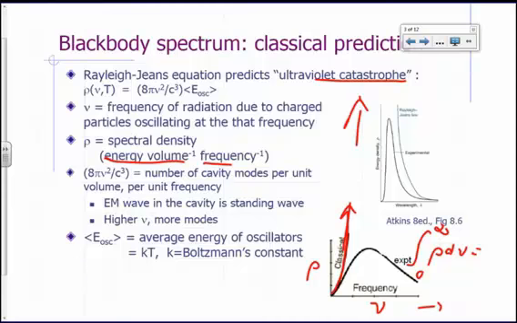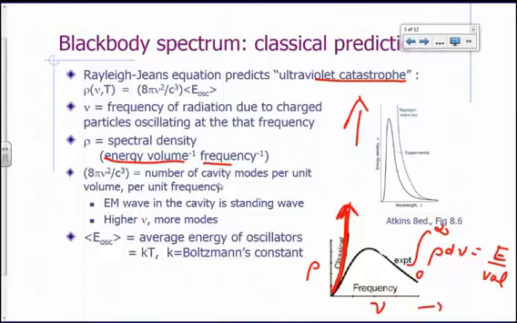You have energy per unit volume per unit frequency, so that gives you the energy per unit volume. That's called the energy density inside your cavity. The higher the frequency, the more intense the radiation inside the cavity.